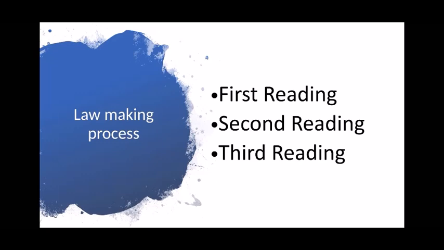First reading. The minister of the concerned department or a member of the Parliament presents the bill and briefly explains the bill to the House, to whichever House this bill has been introduced. This is the first reading. Next we come to second reading.